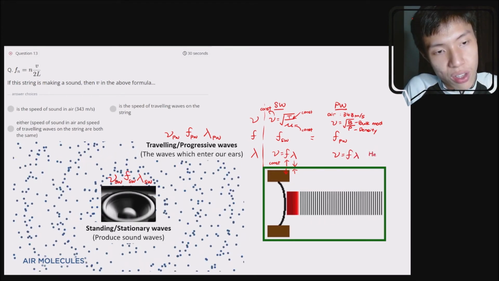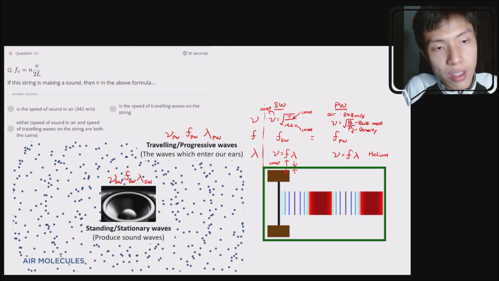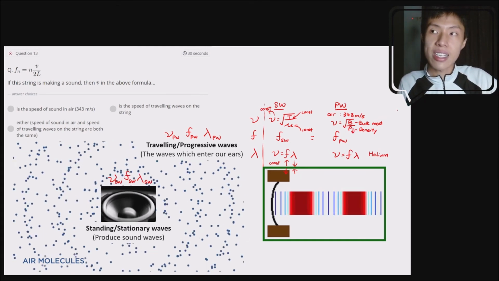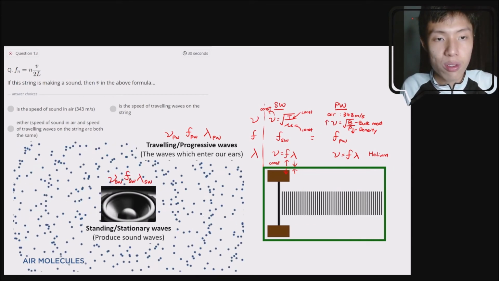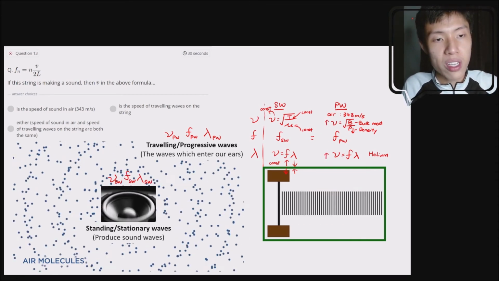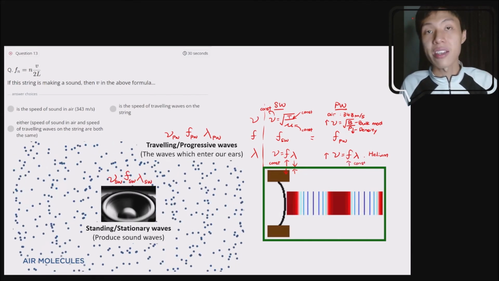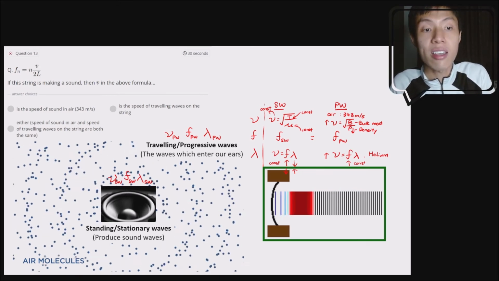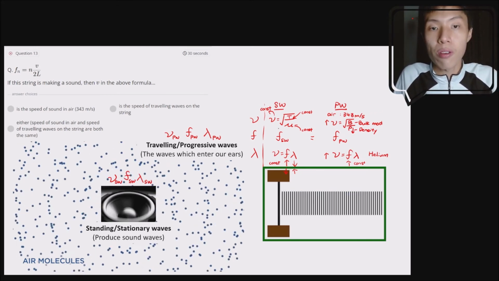If you change to helium, you are bringing down the density. The helium gas is less dense, so if you bring down the density, then you will increase the wave speed. If you keep your lambda constant, then your frequency will go higher. That's why your sound will sound squeaky if you change to helium gas. It's because you change the wave speed.